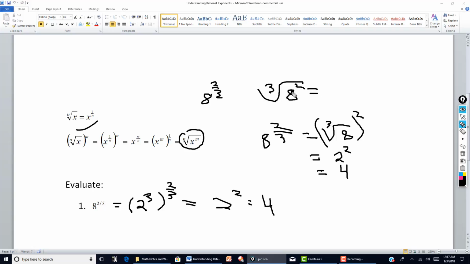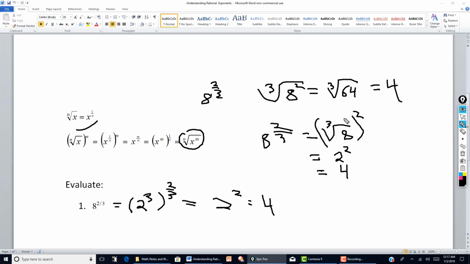In this case we square the 8, we get 64. So this becomes the cube root of 64, and the cube root of 64 is 4. It's 4 times 4 times 4 is 64. So I get 4.